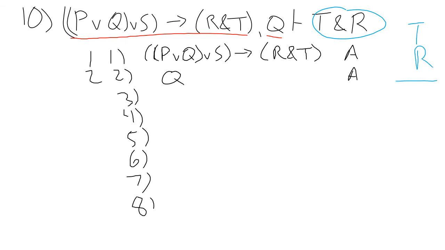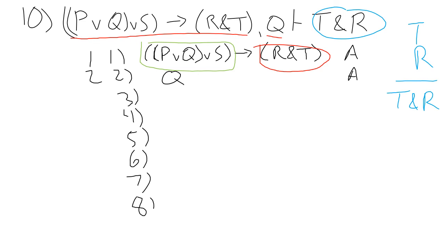So we need to find T by itself, we need to find R by itself, and we can put them together using our ampersand in rule. We see that both of them are right here. They're just in the wrong order, so we'll ultimately just have to use arrow out and then rearrange. But first things first, those are bound up in this conditional statement here.